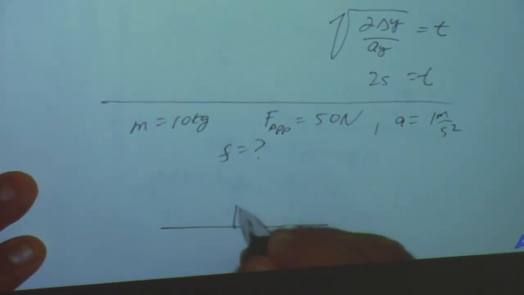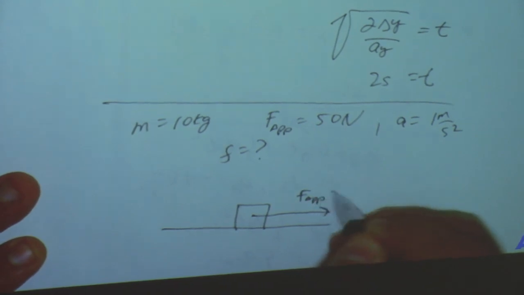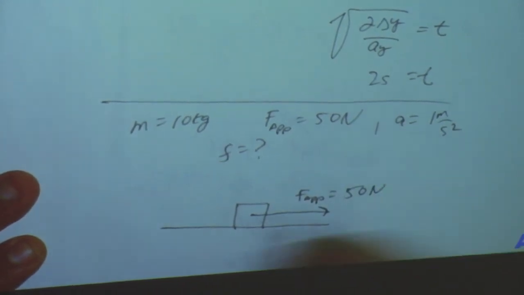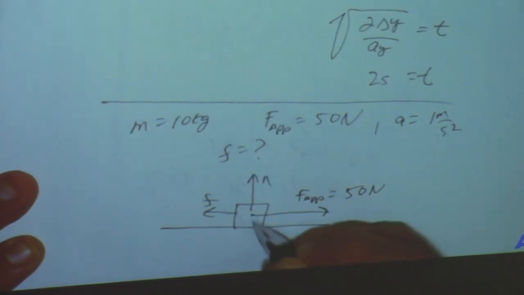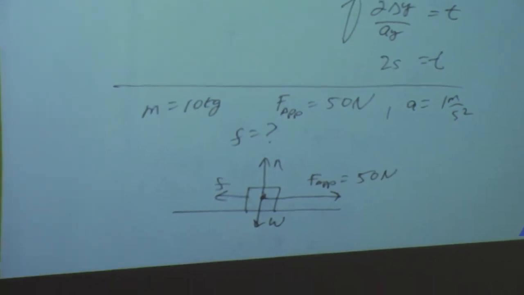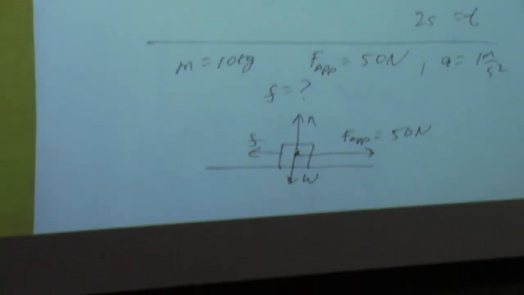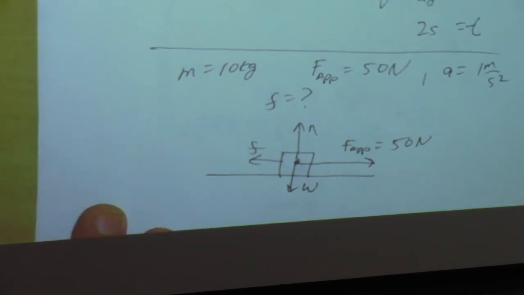Here's the free body diagram. We've got this applied force, 50 newtons. We've got friction this way, the normal, and the weight. We want to know how much friction is. Well, we can figure out the net force. I think the practice test had something like how much was the net force. The net force is m times a.